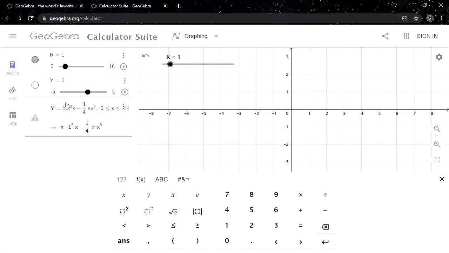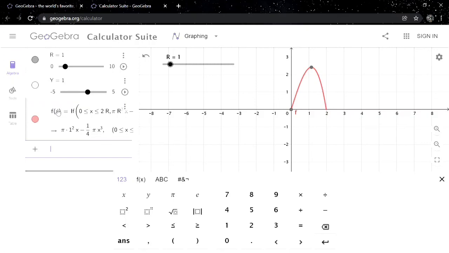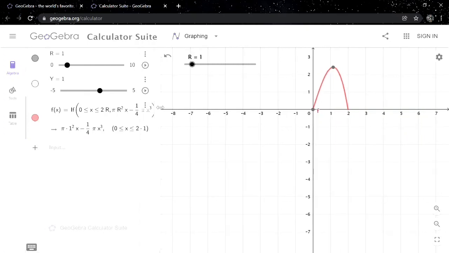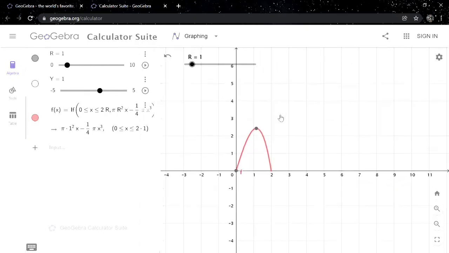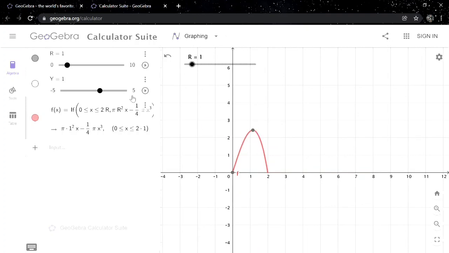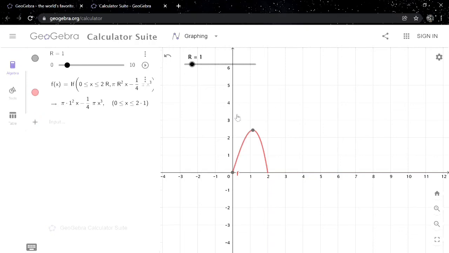Finally, we can pay attention to the graph of our function. Then we can see the maximum point of our function.